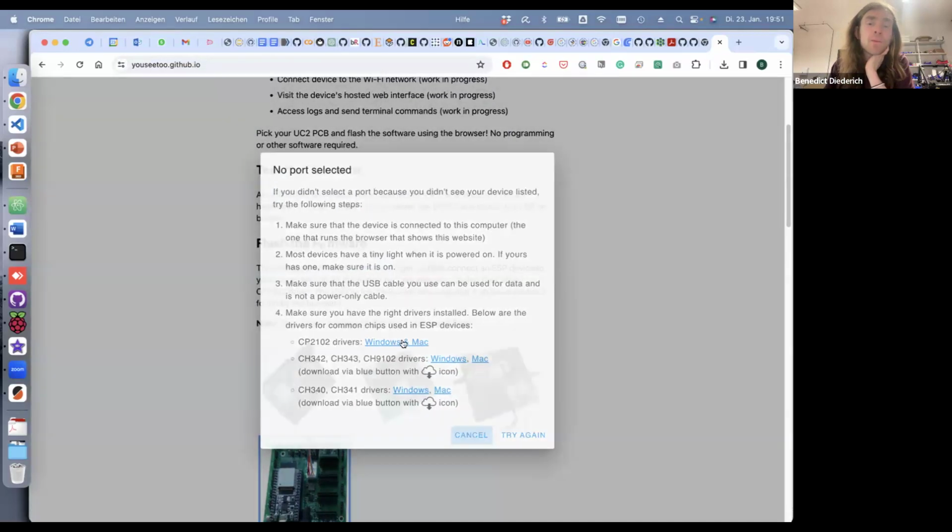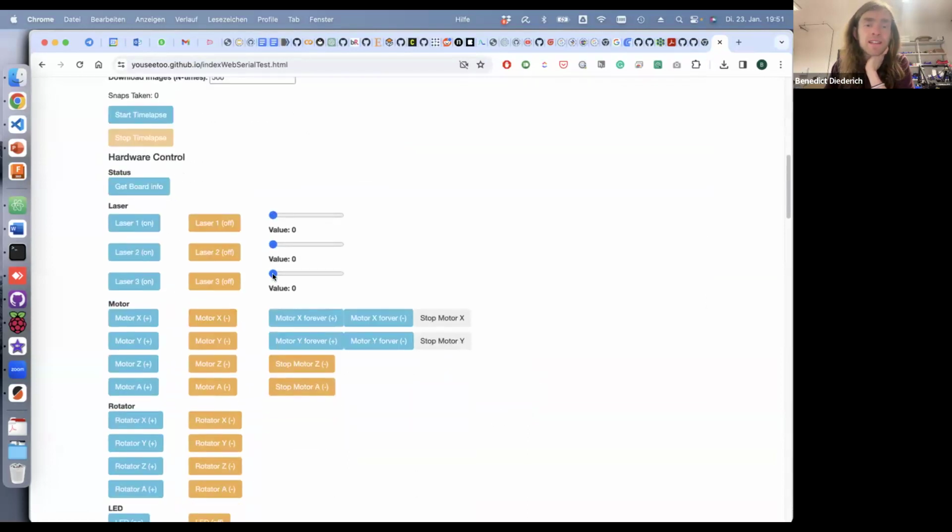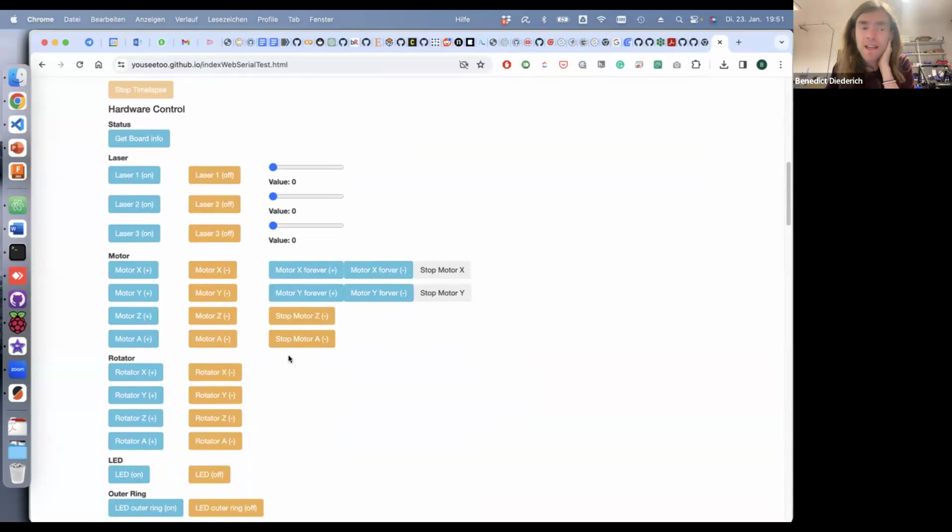And then when your device is connected, you can connect to the device and control it. And this works without installing any Python or any drivers. It's just working out of the box. And that's something I think which is really cool, because then it's really becoming reproducible, because I think everybody has a browser installed these days. And then that's really cool.